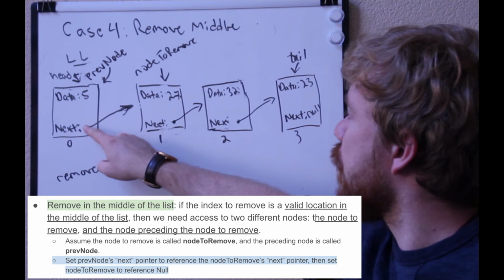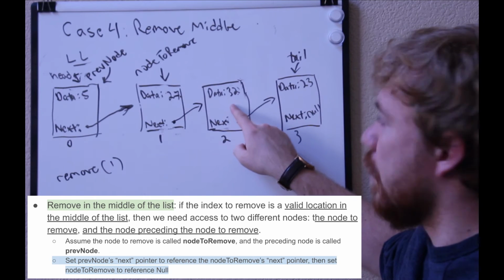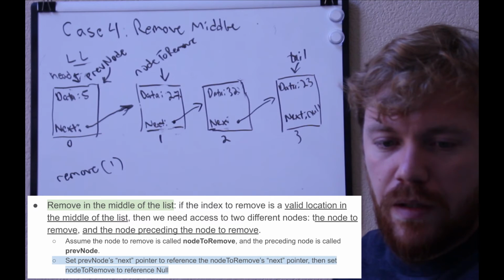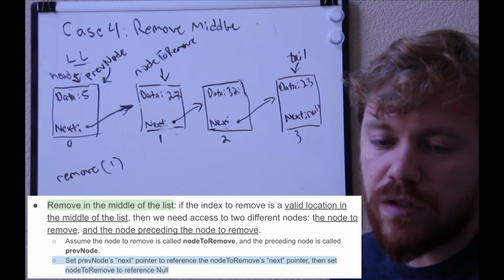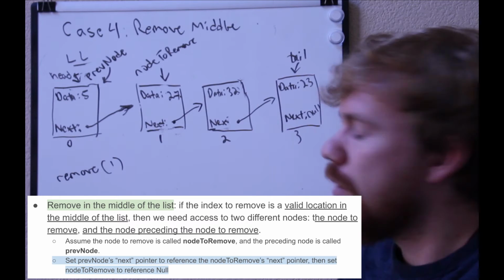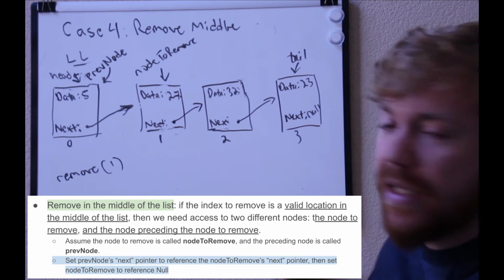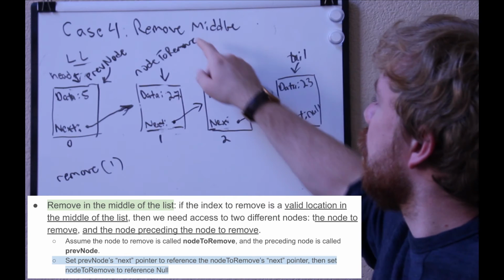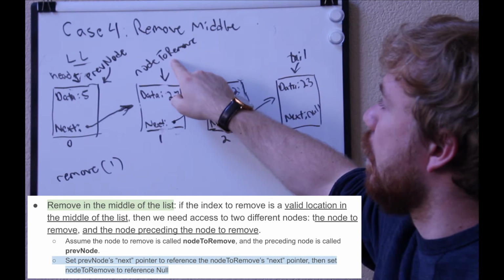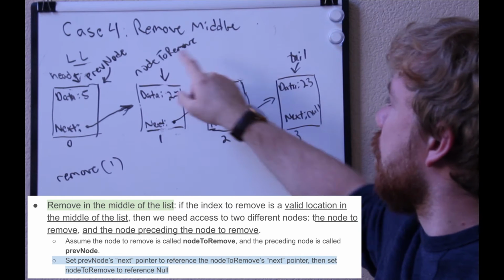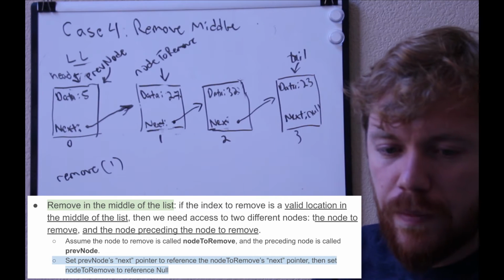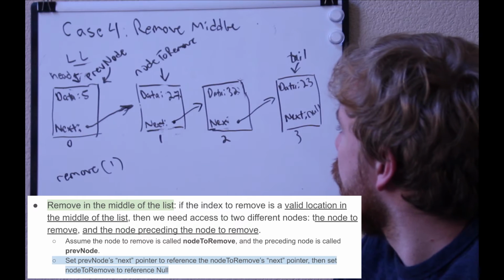Which means we're going to want to change the arrow to reference here. Then we set the node to remove's reference to null. And by its reference, what I mean is this node to remove reference, because once again, this is a reference type similar to tail and head and prev node.